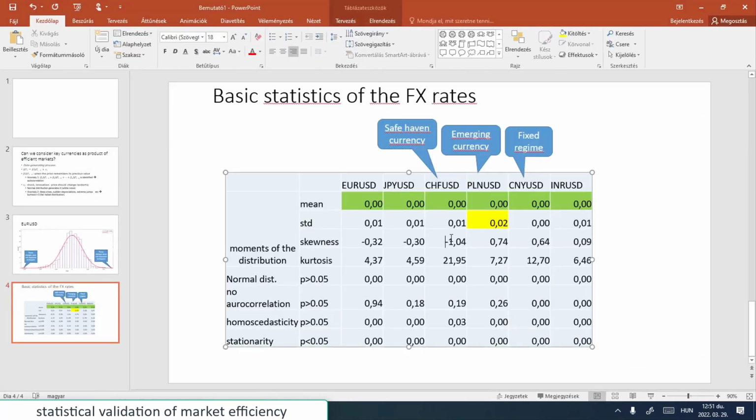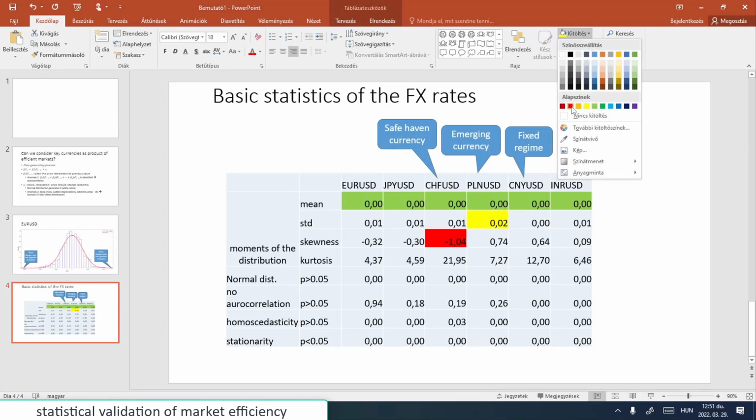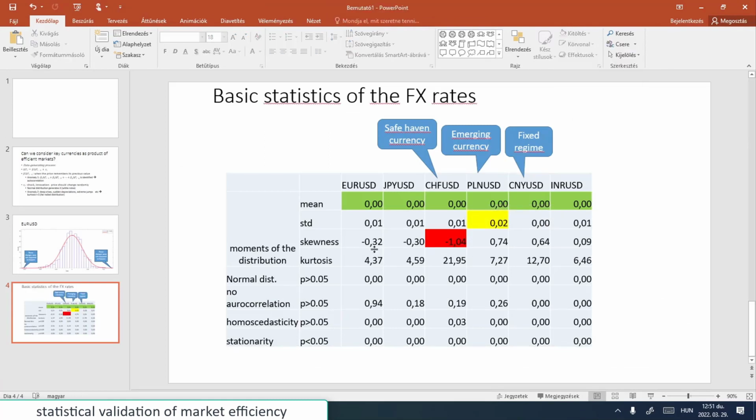Yeah, so we can see that this is highly anomalous. Until you are really close to zero, it's not a big deal. But if you are moving away, in the case of the Polish zloty, we can see the opposite: a higher tendency towards depreciation.